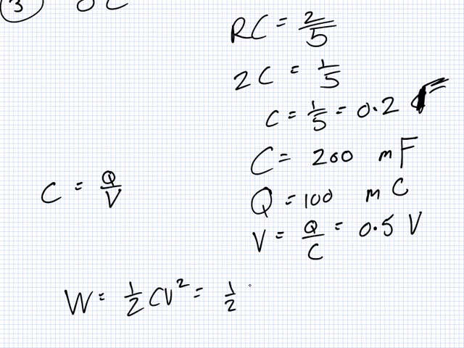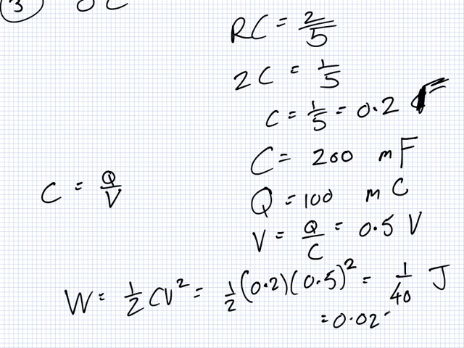That's a half times the capacitance, which is 0.2, times 0.5 squared. That's a quarter, that's an eighth. That's a fifth of an eighth. That's a 40th joules. 0.025 joules.